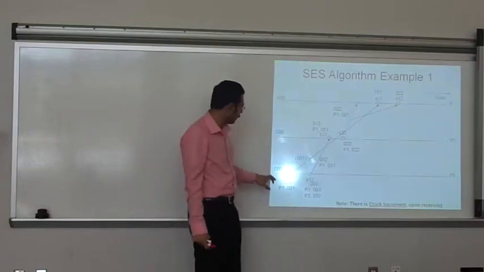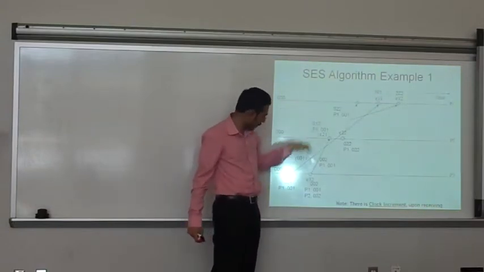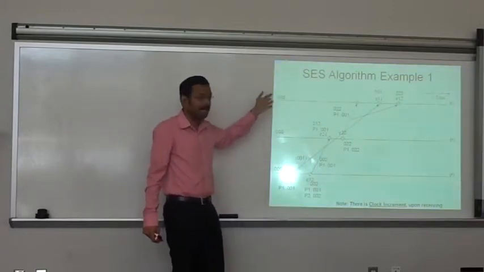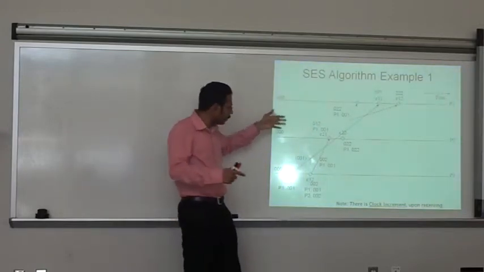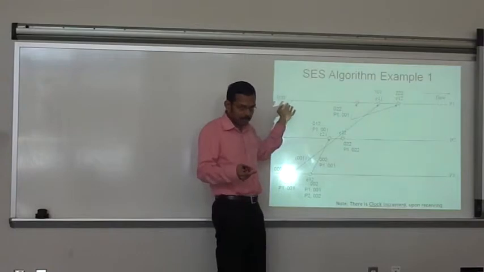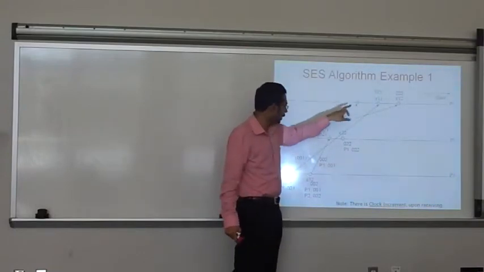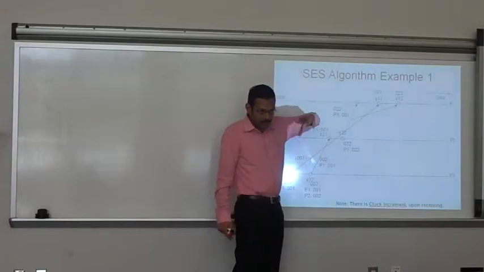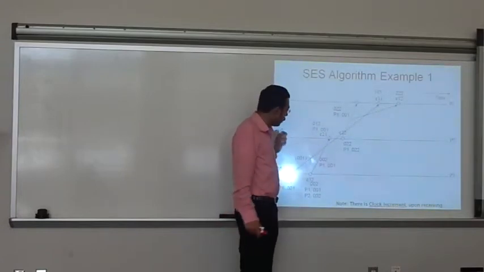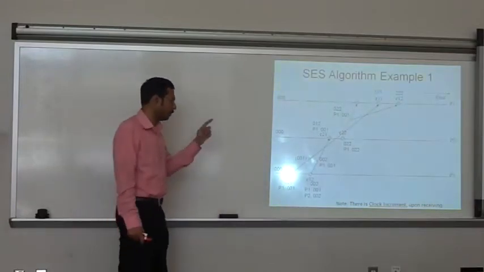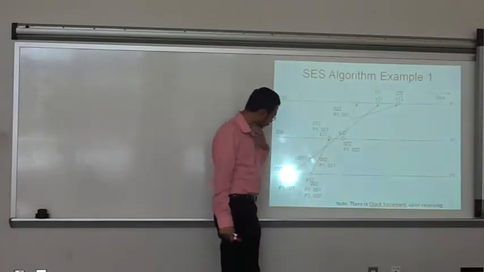So if I send from P3 to P1 something, P2 doesn't get to know anything about that unless we notify P2 through some other way that P3 sent something to P1. Okay, so that's why you have to also increment while receiving. Okay, and we'll see why is that as we go through some examples.